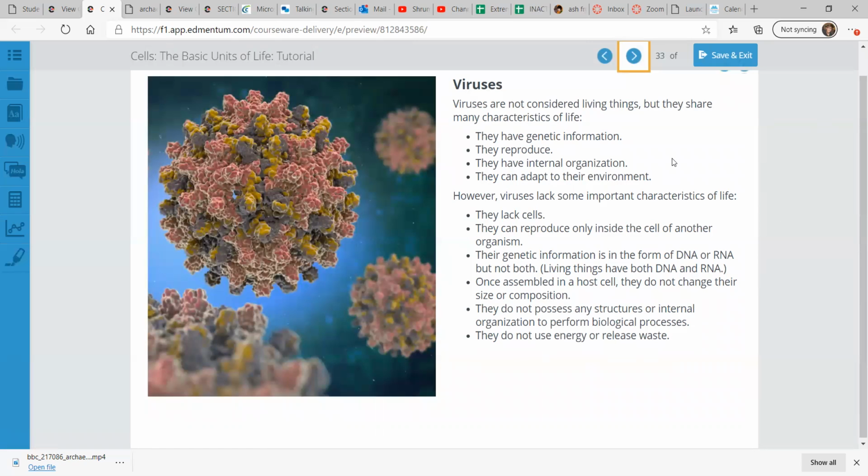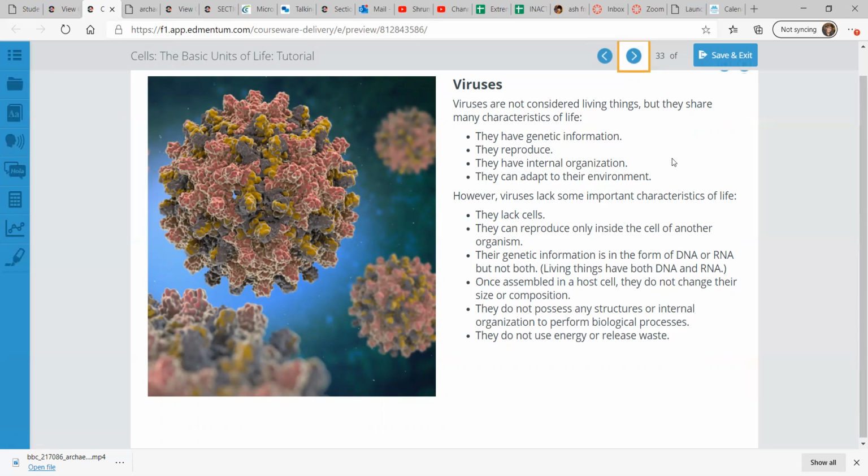Their genetic information is in the form of DNA or RNA, but not both. Living things can have both DNA and RNA. With them, it's either one or the other. And once assembled in a host cell, they do not change their size or composition.